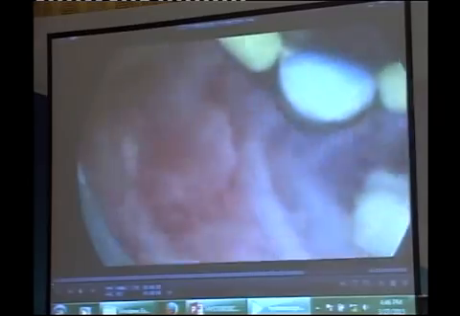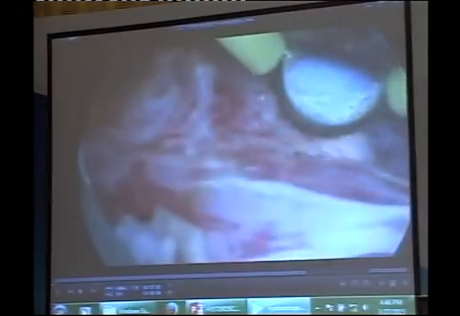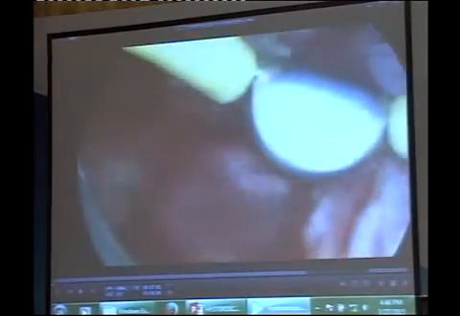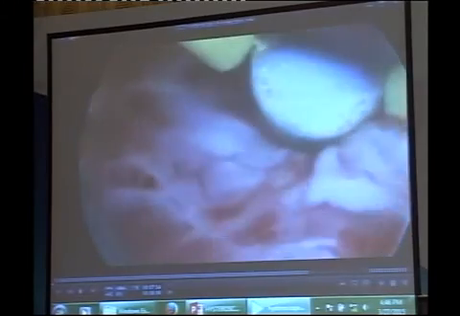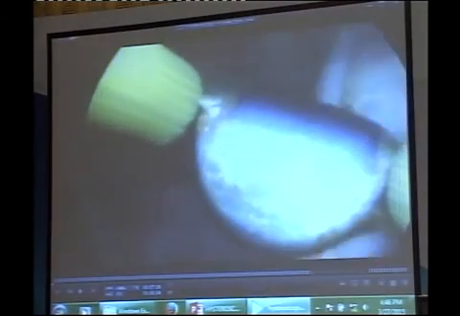Now resection is complete, and visualization of the bed of the myoma will be performed before the coagulation of any bleeding vessels at the bed of the myoma. The desiccation mode and the coagulation of all bleeding points at the bed of the myoma is an important step to avoid post-operative bleeding.